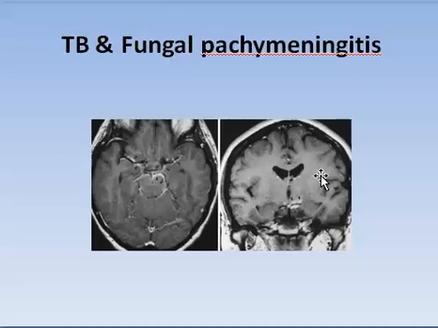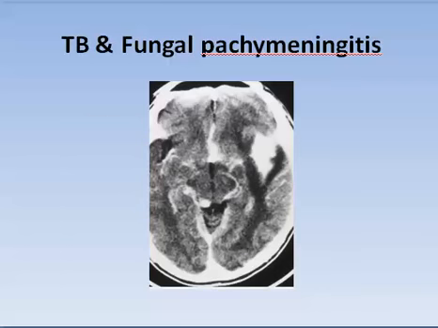In TB and fungal pachymeningitis, we can find basal enhancement with involvement of the parenchyma and infarct formation. So we have solid enhancing tuberculomas with infarcted areas around, and basal meningeal enhancement. This could not be differentiated between TB and fungus.